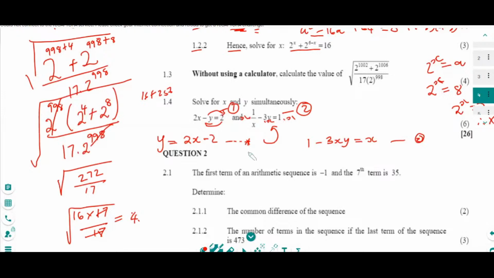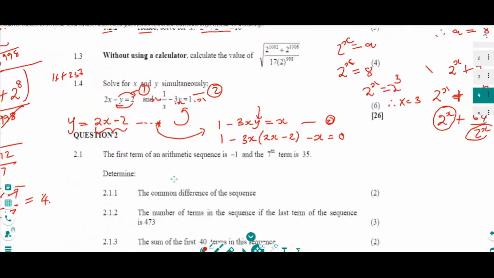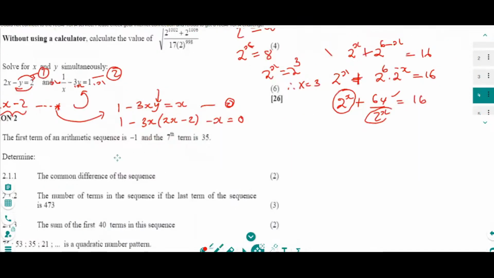So I'm going to substitute equation star into equation number 2, so that I obtain 1 minus 3x into, where there is y, we are replacing the 2x minus 2. So that is 2x minus 2. I can move this x that side so that I have a 0 on my right hand side. So opening up this, let me just create some clean space somewhere here.